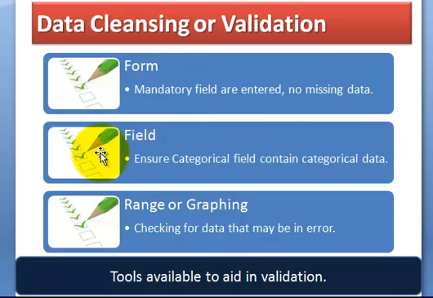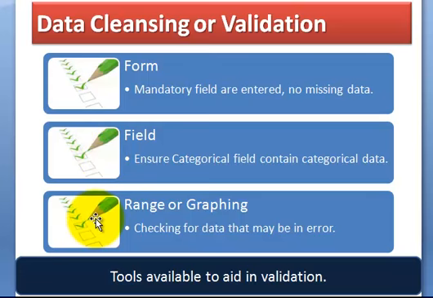Next thing we need to check is our fields. We need to make sure that categorical fields have categorical data. We've got to make sure our numeric fields or attributes have numeric numbers in there. And there are software packages that can help you check for this.